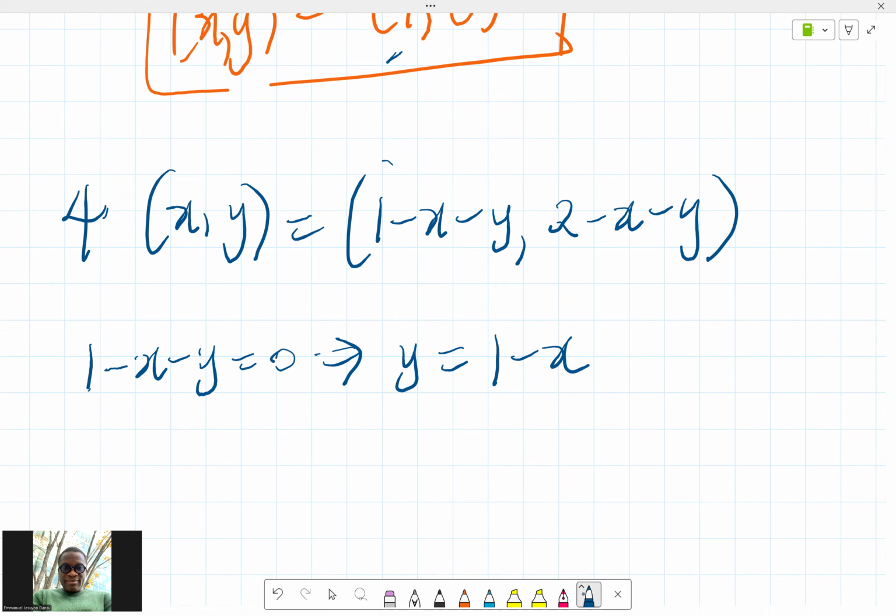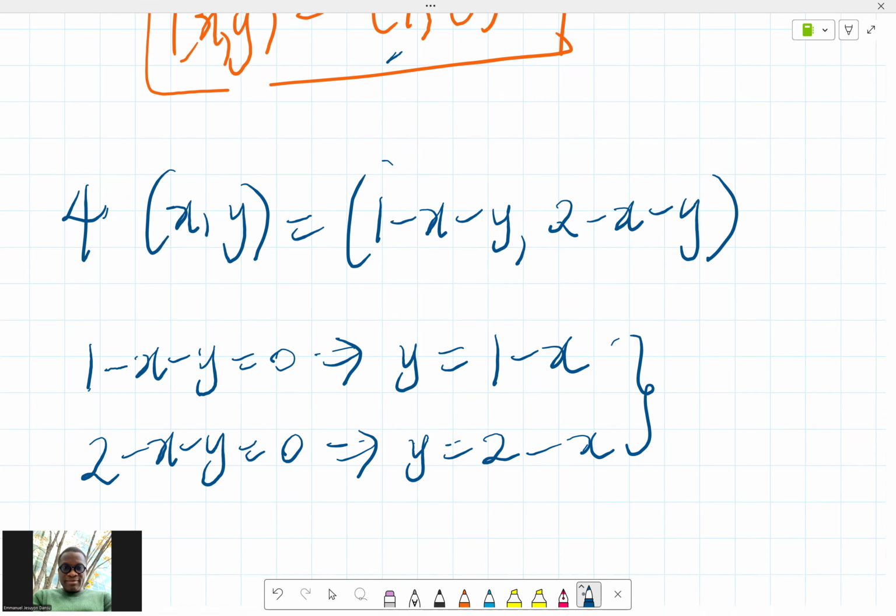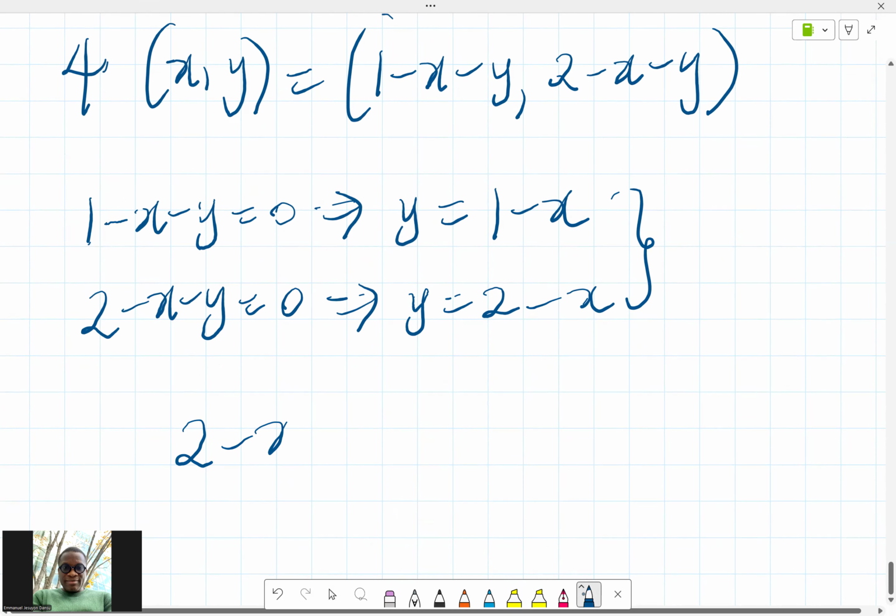And then for the other case too, we have 2 minus x minus y equals 0. That implies that again, y is equal to 2 minus x. So we can equate these two. So we have 2 minus x equals 1 minus x. This is not making sense, I think. So 2 is equal to 1. This is not making sense at all. Right, so what do we do here?